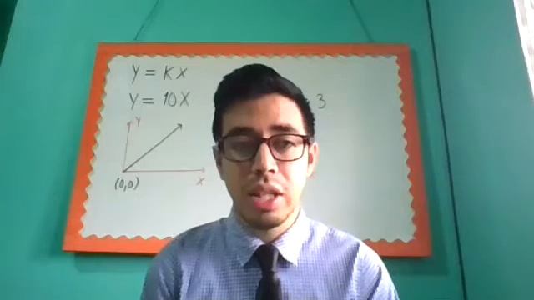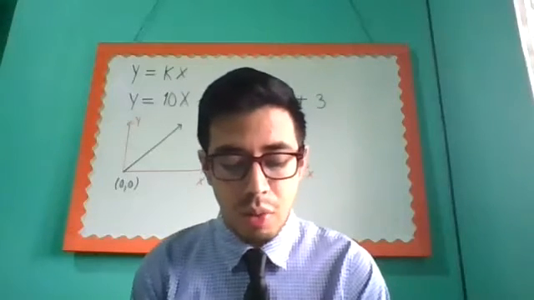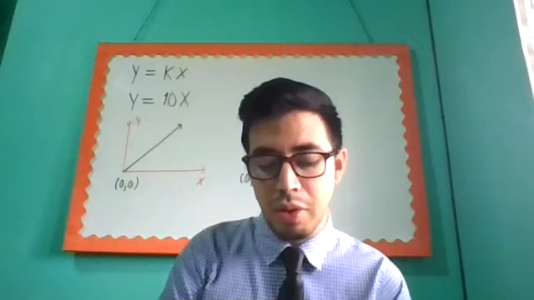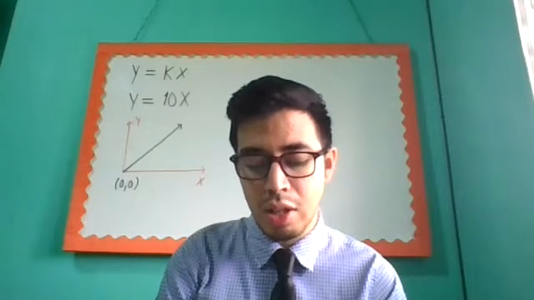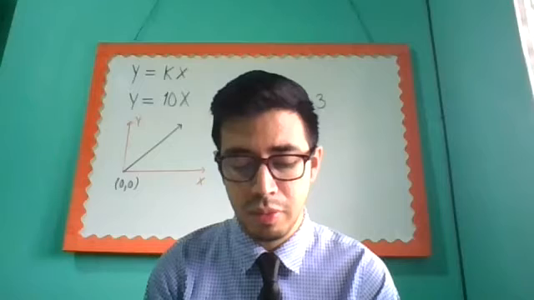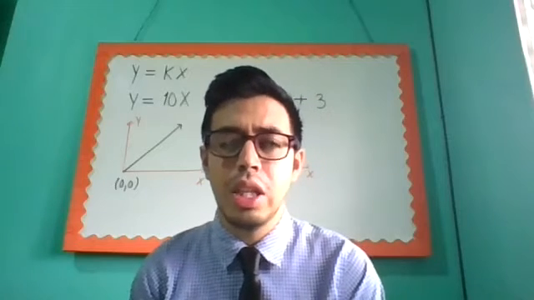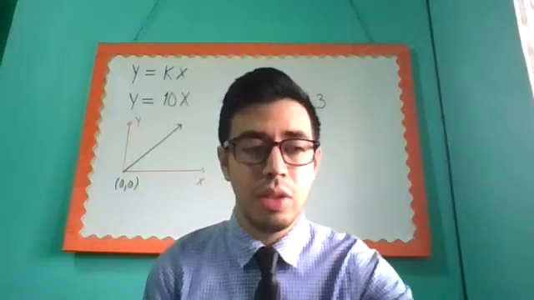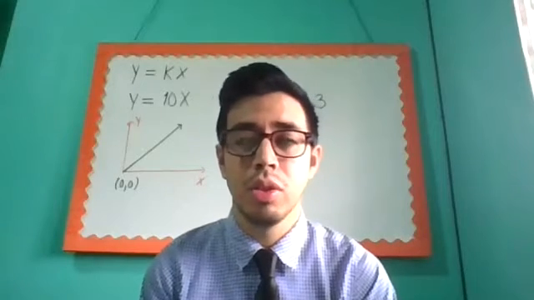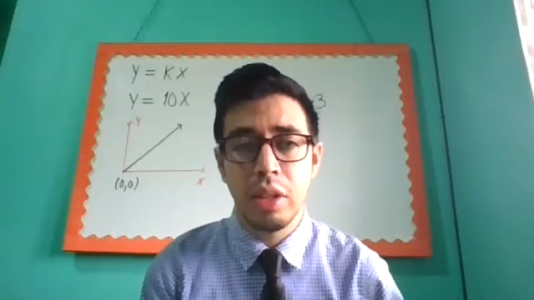So for number 6, we need to choose one point of the graph of the proportional relationship and explain what this point means in terms of the situation. In this part, we are going to use the graph. You need the grid. You have the graph in your book, so we are going to take one point.